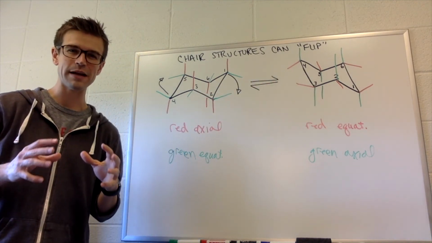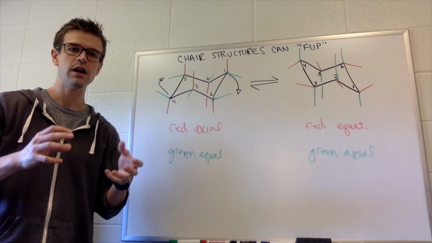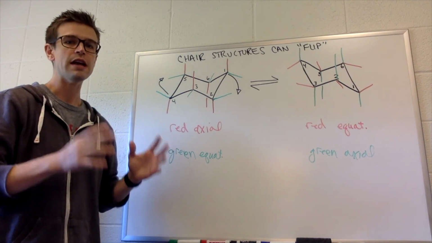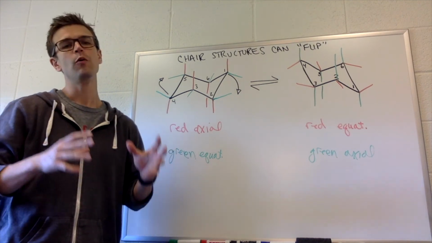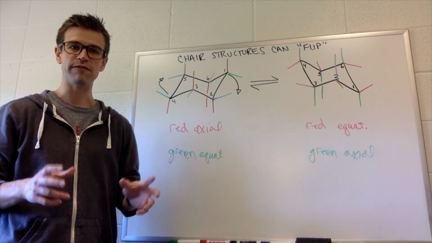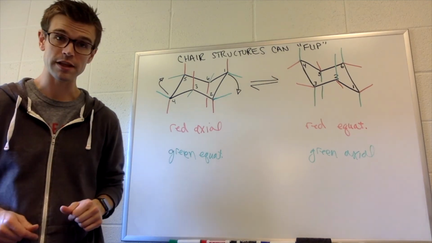So we're doing the same thing that we did with Newman projections. We looked at all the different conformations and said, this one's more stable, this one's less stable. Now we're going to do that same thing with chair structures, and we'll find that there are preferred conformations for those chair structures. And we'll see that later.